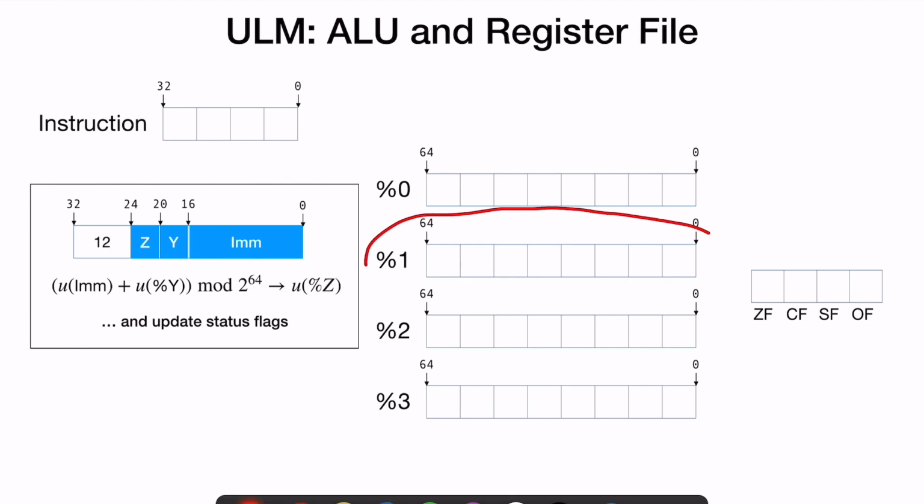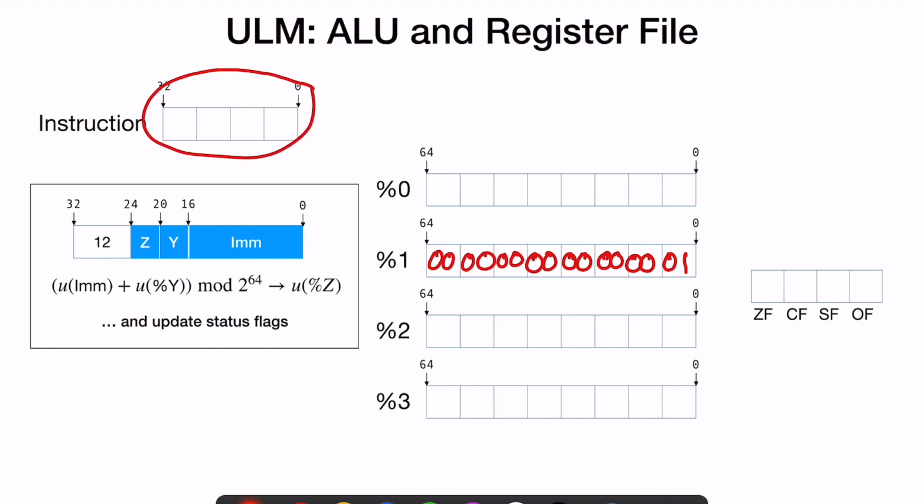For that, I first want to have in register 1 a nice value, the value 1. So we have mostly zeros, except for the least significant bit, which will be 1. Okay, and then we also consider a concrete instruction with this opcode hex 1, 2.